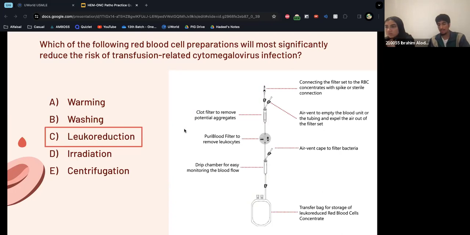Irradiation is when you expose the blood to low level radiation, but it's not necessarily going to get rid of the infection present in the leukocytes. It's more indicated for cancers and other things like that, because you don't want to be spreading those kinds of cells. It's usually for patients getting stem cell transplants, where you want to reduce the risk of graft versus host disease, which I'm sure you guys learned about. That's when you would give irradiated blood.